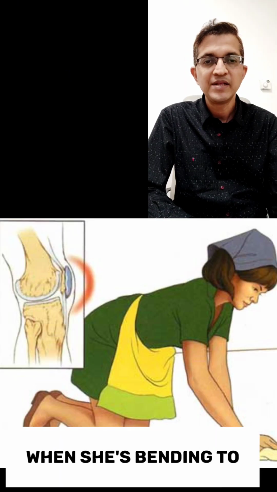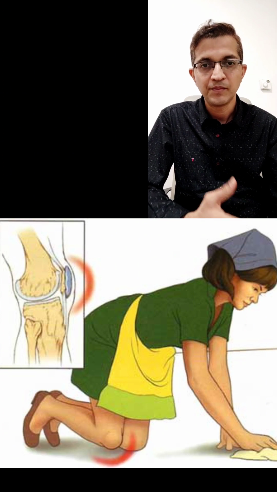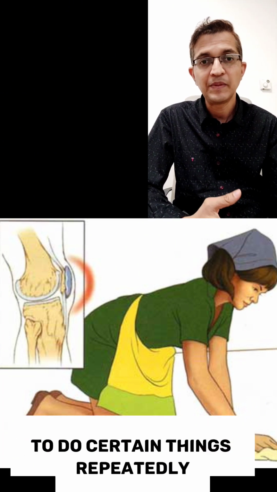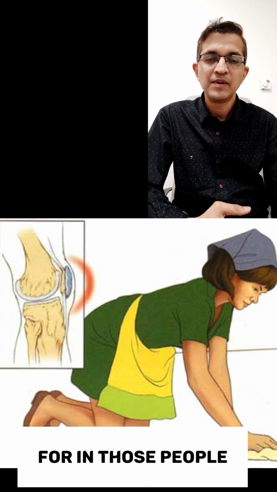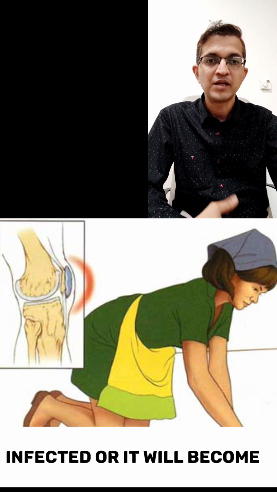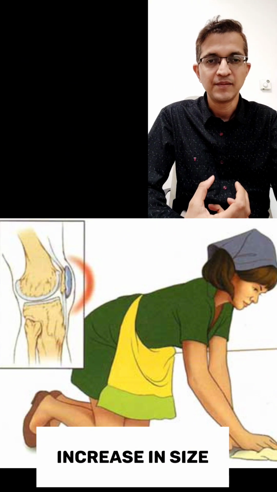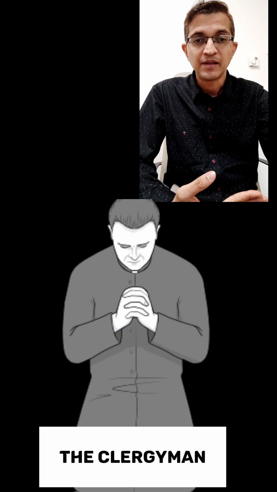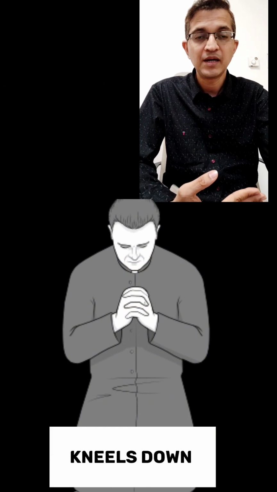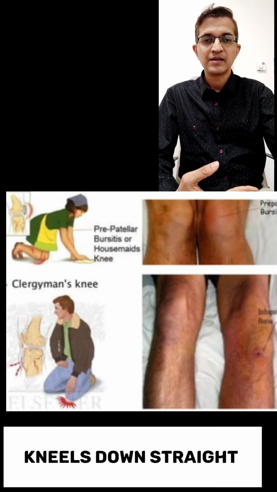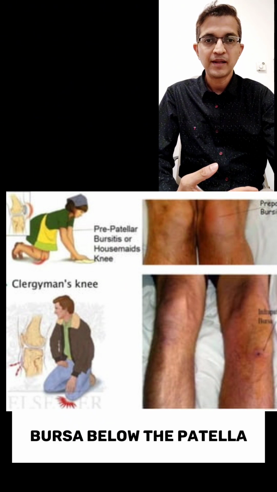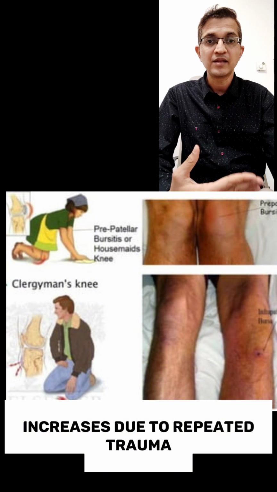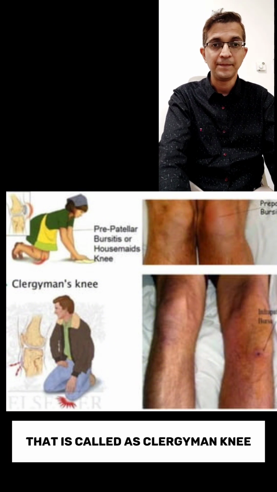When a housemaid bends to clean the floor, or a person bends down repeatedly to do certain things, this bursa will get infected or increase in size. That's why it is called housemaid's knee. The clergyman, the priest who kneels down straight, mostly has enlargement of the bursa below the patella. That is called clergyman's knee.